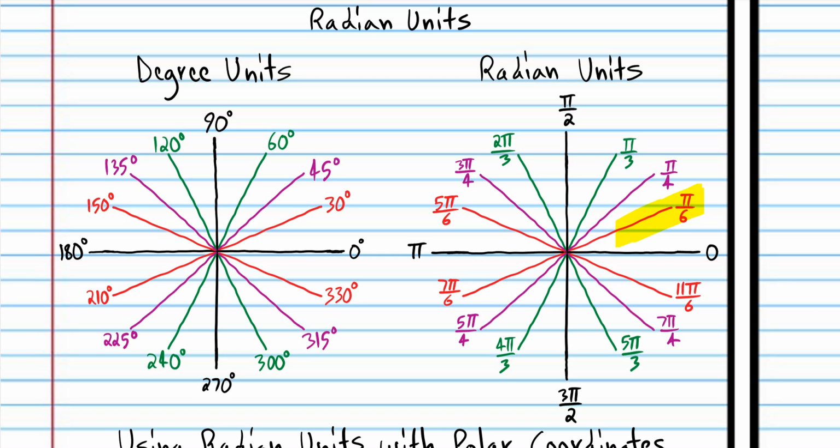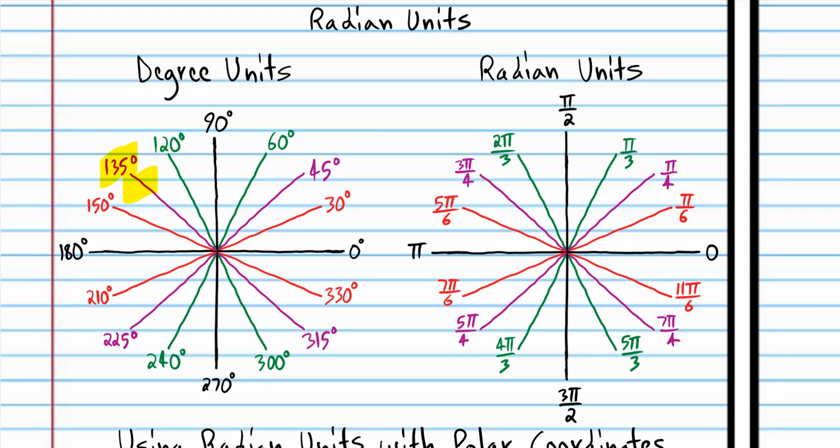Now, if pi over 6 is 30 degrees, and you multiply that by 5, shouldn't you get 150 degrees? If pi over 6 is 30 degrees, then obviously 5 pi over 6 is 150 degrees, because 30 times 5 is 150. And if pi over 4 is 45 degrees, then 3 pi over 4 should just be 3 times 45 degrees.